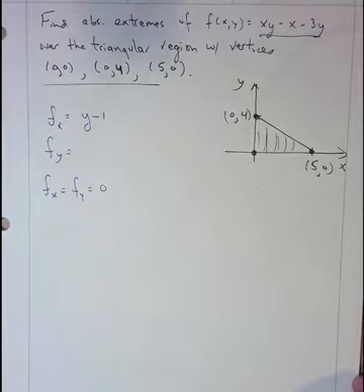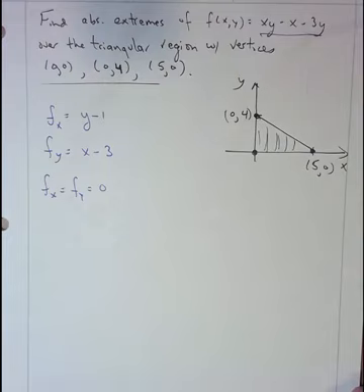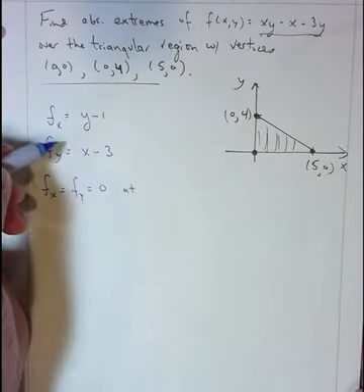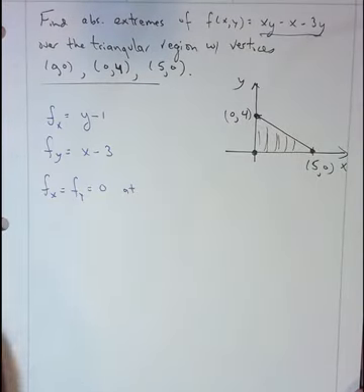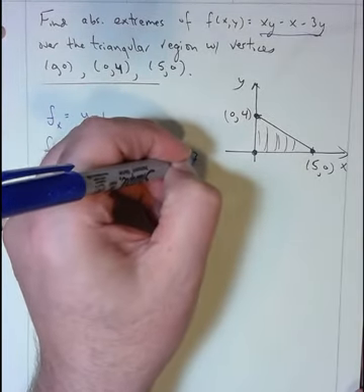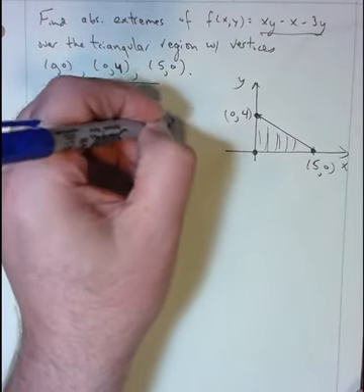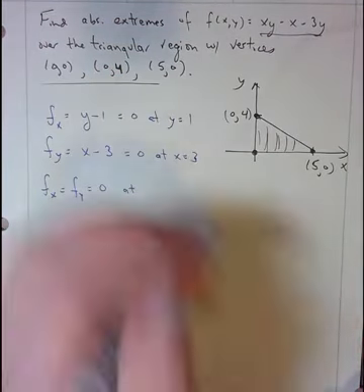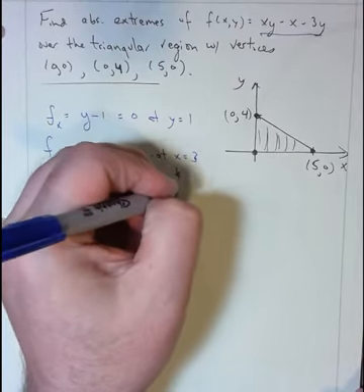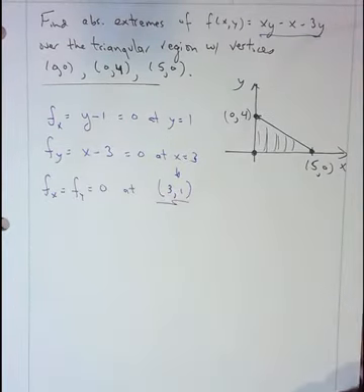The first derivative with respect to y is x minus 3. And so there's only one place where both of these would be 0. This one is 0 at x equals 3. This one is 0 at y equals 1. So they're both 0 at a single point, x equals 3, y equals 1.